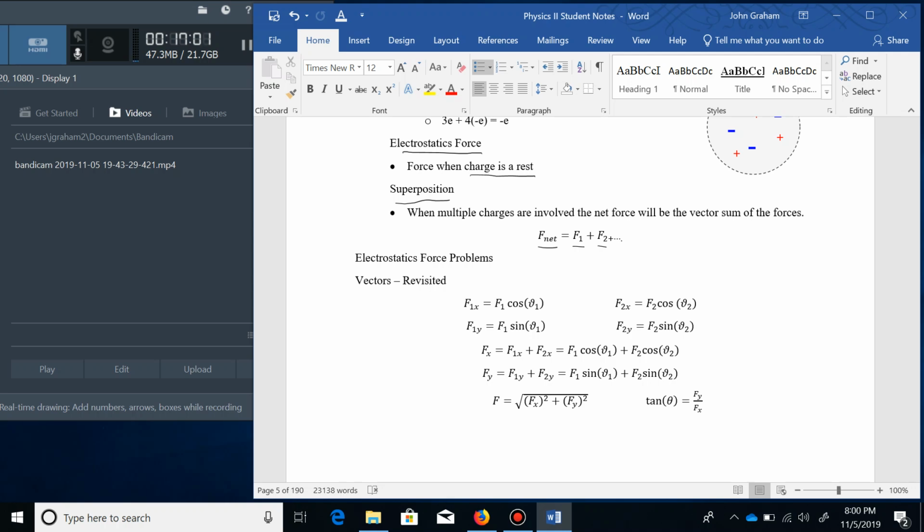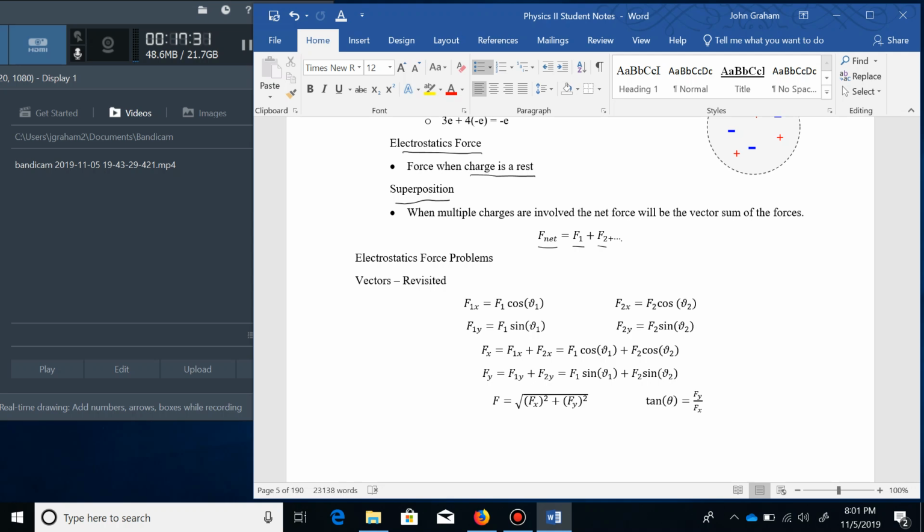We add our x's up, so force x overall is force 1x plus force 2x. If we're dealing with more than two forces, we'll have force 3x, force 4x, all being added in. Each one of these is force 1 cosine of that angle, force 2 cosine of that angle.